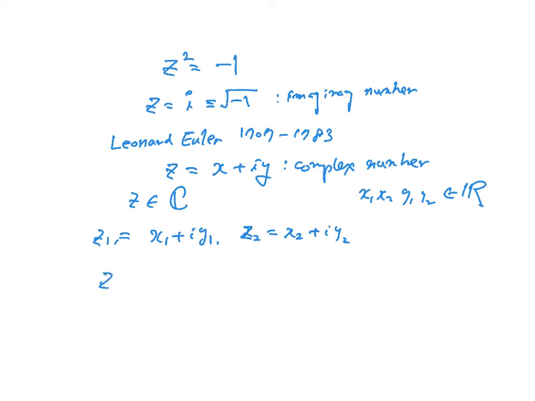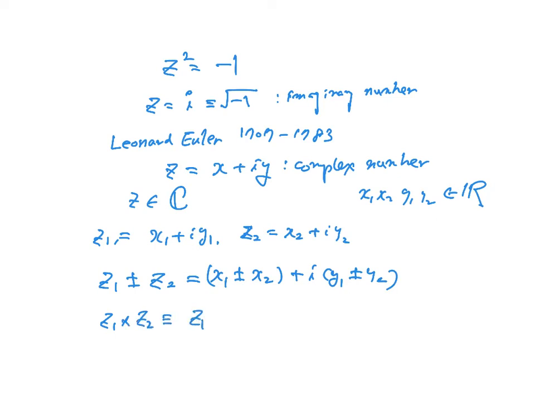And z1 plus or minus z2 is defined as (x1 plus or minus x2) plus i (y1 plus or minus y2). So you can define both addition and subtraction. And multiplication, z1 times z2: x1 plus i y1 times x2 plus i y2. You just do as with real numbers.